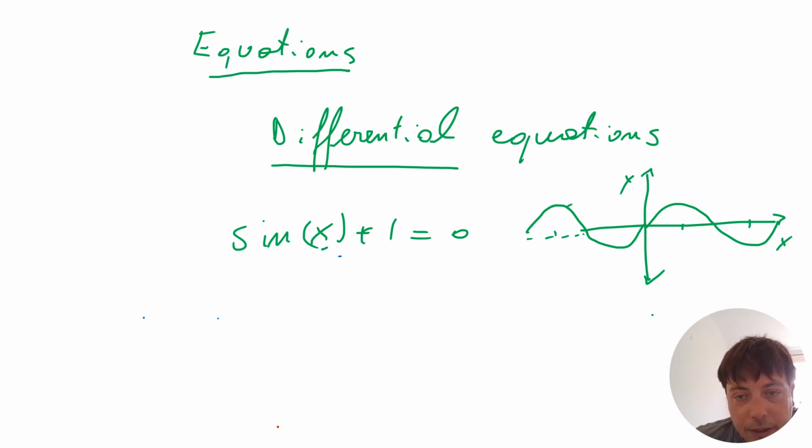Think about it. It's periodic. So if that value is 1, also here will be 1, and then here, and then here, whatever. So there will be multiple solutions. In fact, this is what it's called.